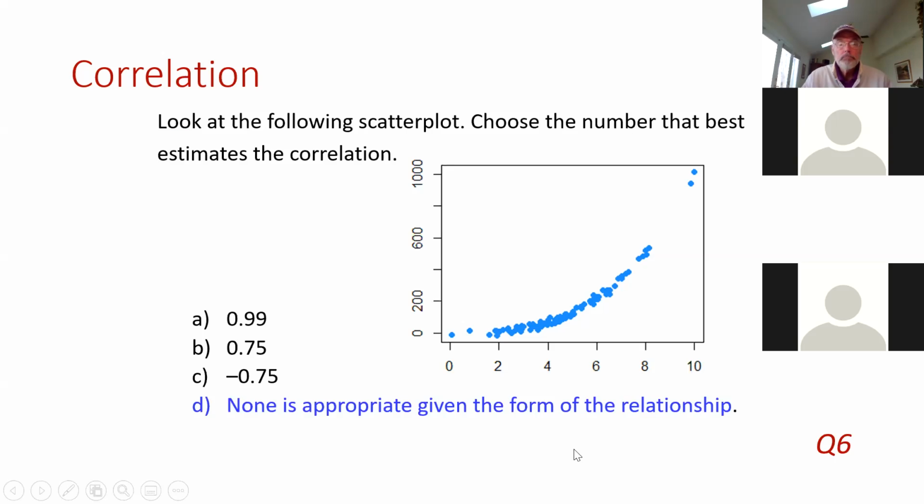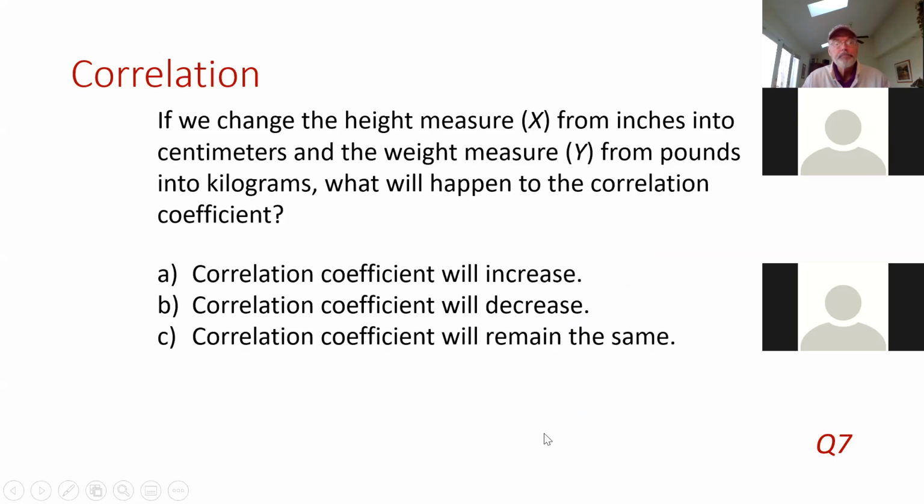Okay. How about this one here? C. And why do you say that? Because even though you're changing the units, the relation between the numbers is going to stay the same, especially the correlation coefficient.